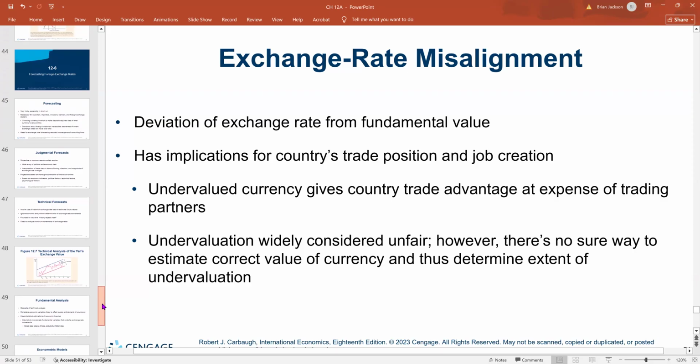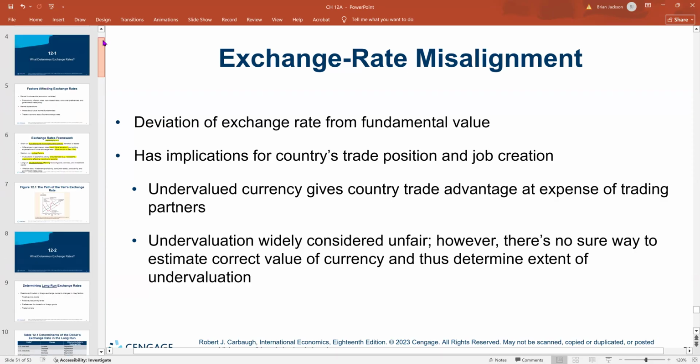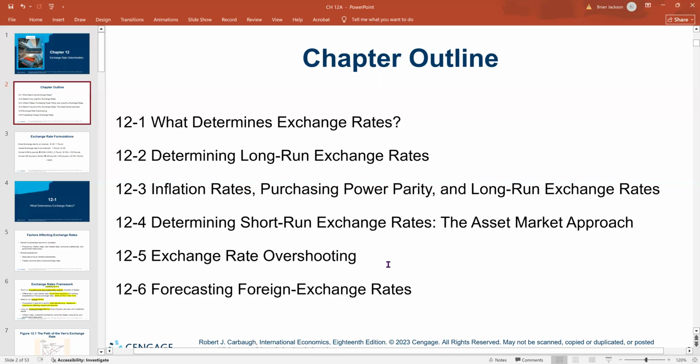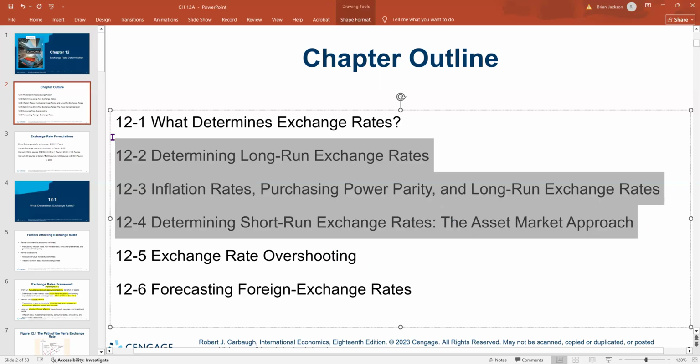I would want you to know, though, scrolling back through this again, going to the outline here, these first 4 points in particular, there's a lot here we talked about that I would want you to have an intuitive feel for.